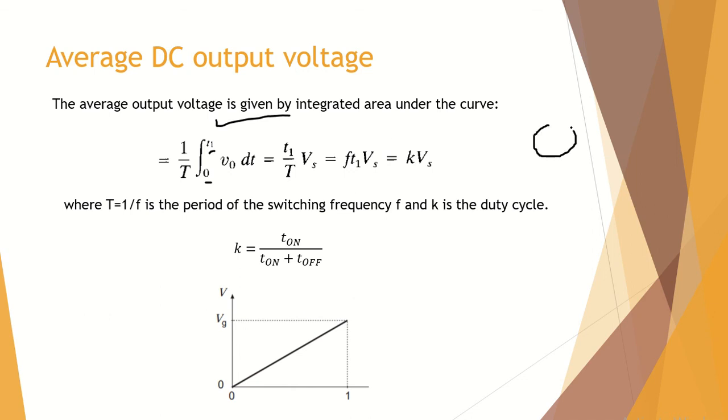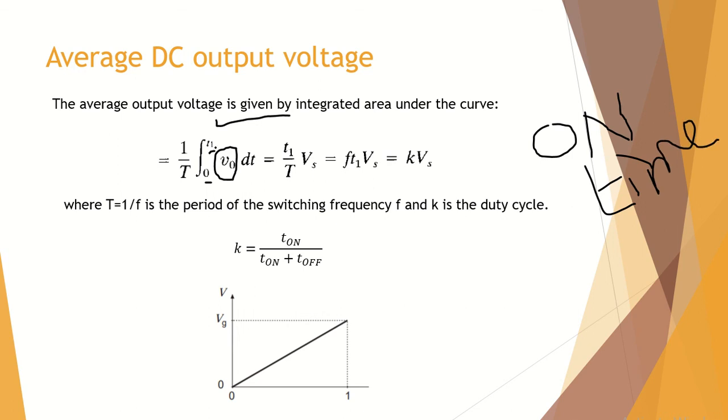T1 is the on time, because when the switch is open there is no voltage across the load, so that automatically becomes 0. Only for the on time does our voltage V0 appear at the output. So from 0 to T1, T1 is our on time.